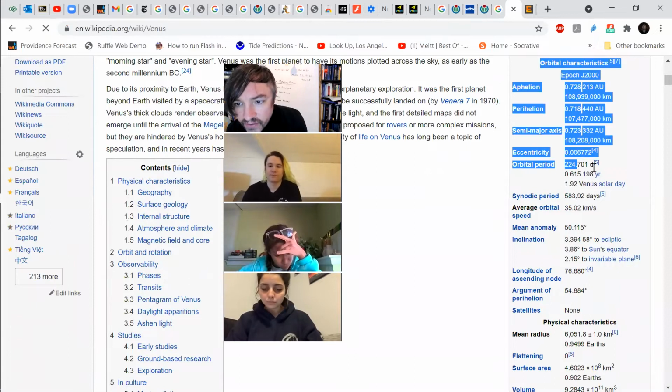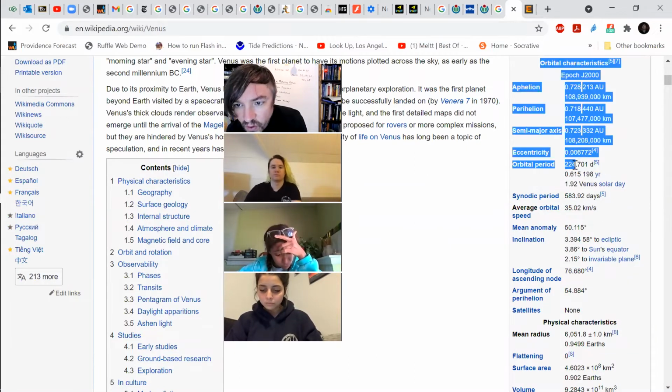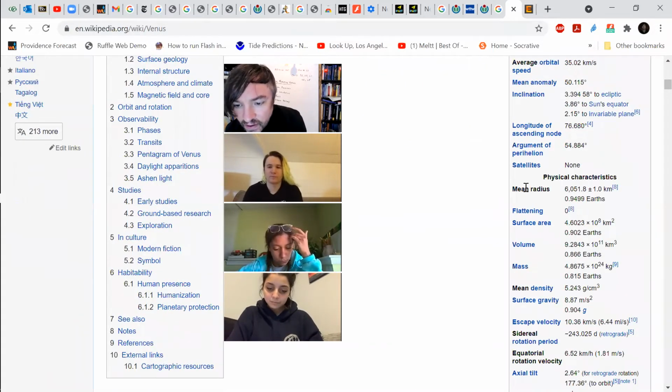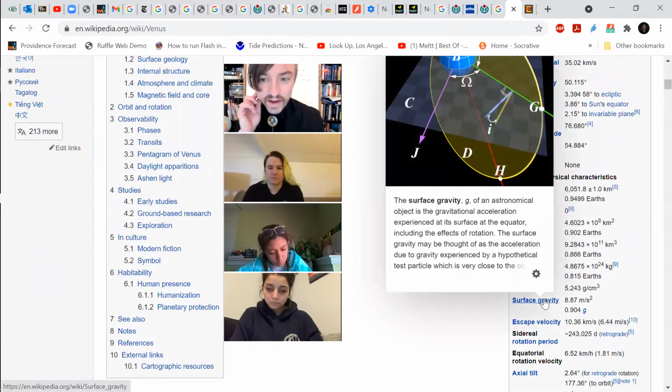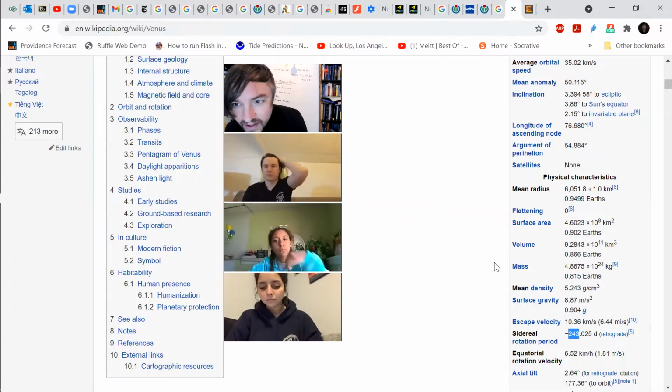Its orbital period around the sun is 0.62 years, or in days, 224 days to go around the sun. But let's look at its rotation rate. Forget about the negative for a second. It actually rotates opposite, slightly clockwise, which is unusual. But its rotation period is 243 days.